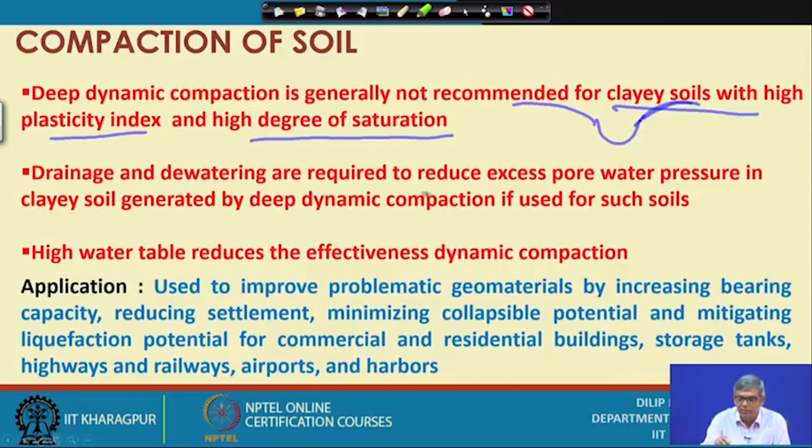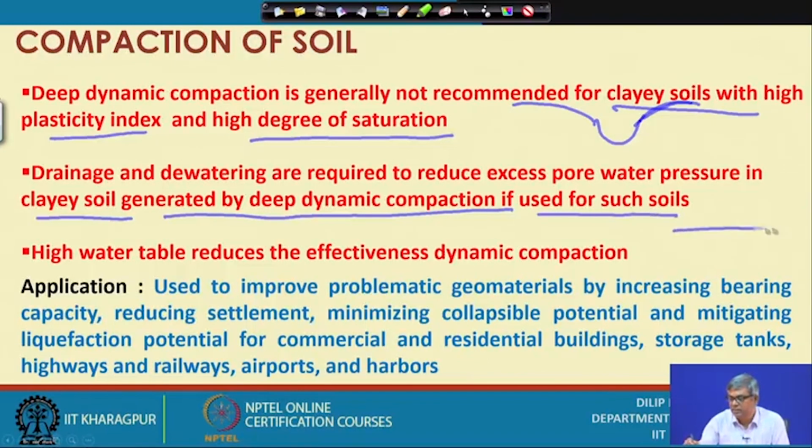Drainage and dewatering are required to reduce the excess pore water pressure generated in clayey soil by deep dynamic compaction, if used for such soil. Suppose a clayey soil is used; you can put some sort of drainage arrangement.